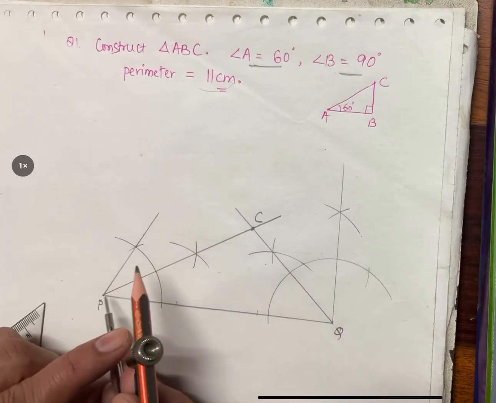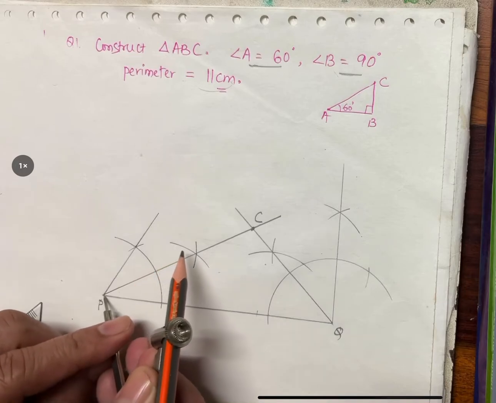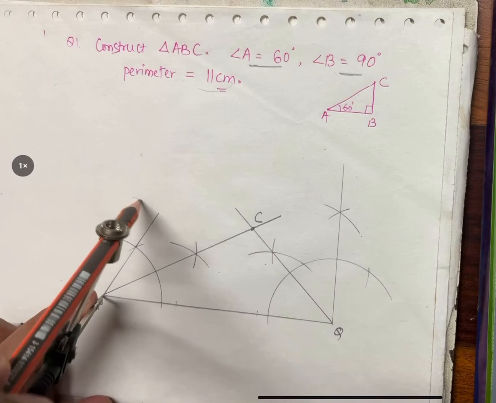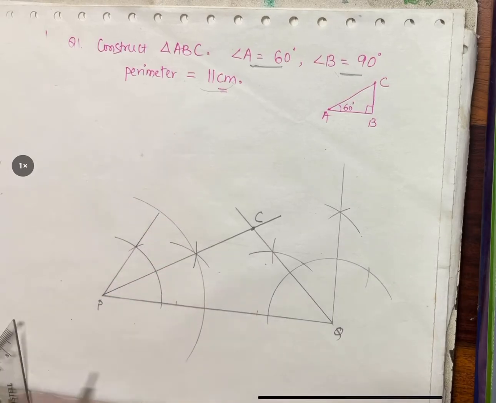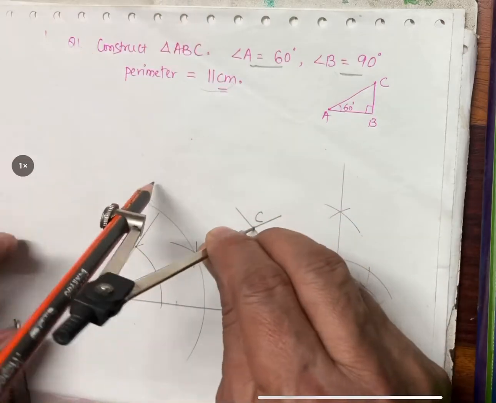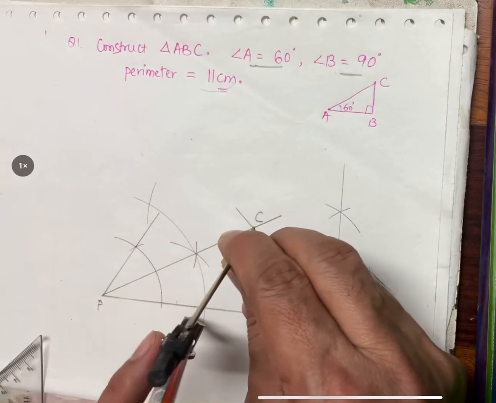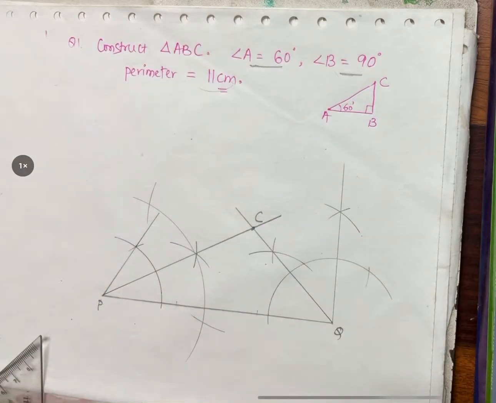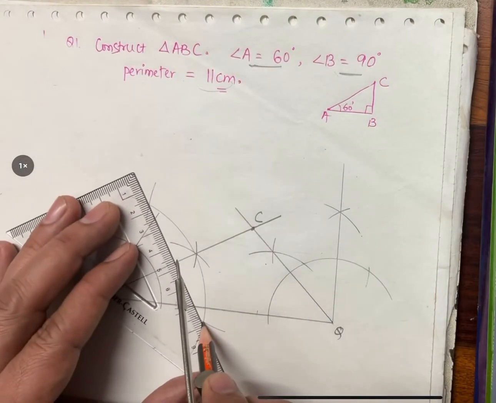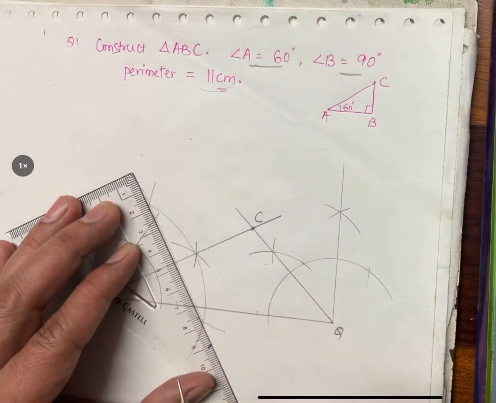So I put the needle at P, take more than half, and create an arc. I go to C, keep my needle carefully, intersect the arc here and here. Let's join these to get the perpendicular bisector.